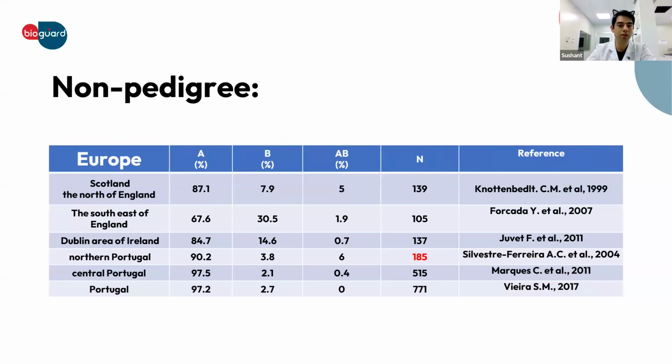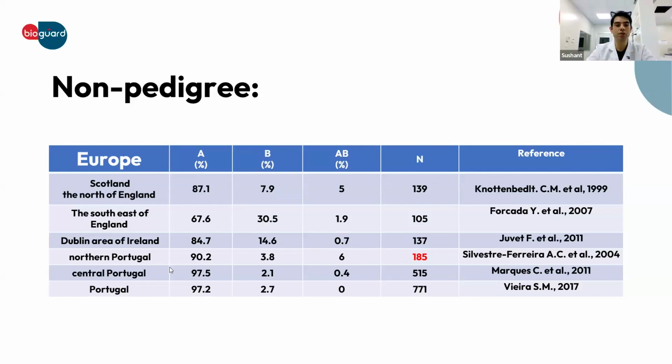In England, in the area of Scotland and the southeast, there's a vast difference between the two. In Scotland the A percentage is higher, while in the southeast of England A is only 67% and B covers the remaining 30%, with some percentage of AB blood groups also seen in those areas.